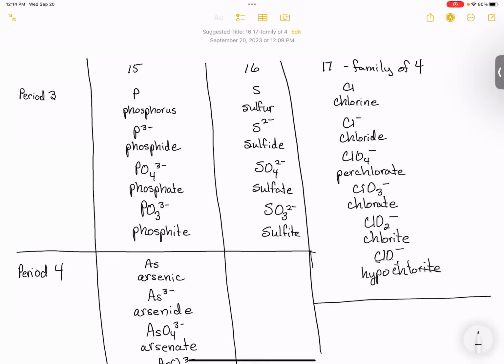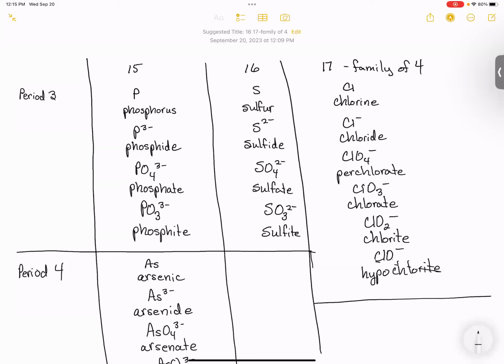Now, if you look at this sheet, one of the things I'm trying to emphasize is, do I need to remember arsenic, selenium, tellurium, bromine, iodine, aspartame?